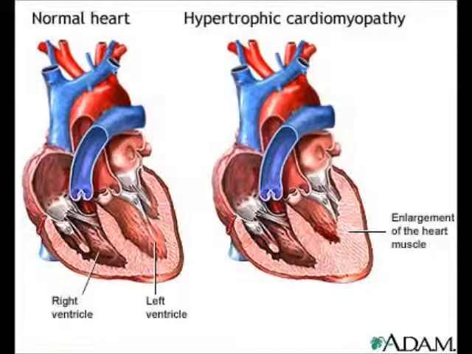This image displays how a normal heart would look versus a heart in which hypertrophic cardiomyopathy is displayed. As you can see, the hypertrophic cardiomyopathy heart has an enlarged heart muscle, while the normal heart does not.